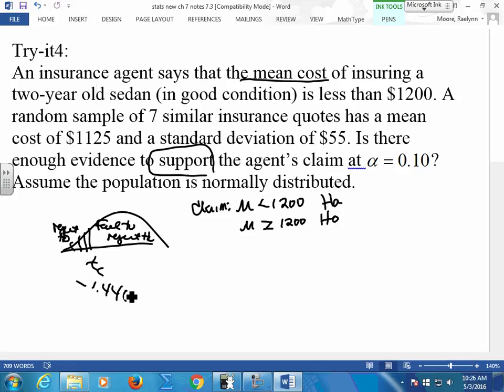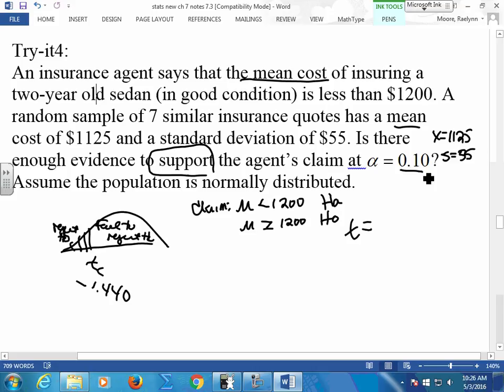Okay, so our next step is to test this guy. We have a t-test. We'll pull out our sample. Our sample mean is 1125 with a sample standard deviation of 55. And we're testing at the 0.10, and they did tell us we're normally distributed because n only has 7 in it. So they have to tell us we're normally distributed.